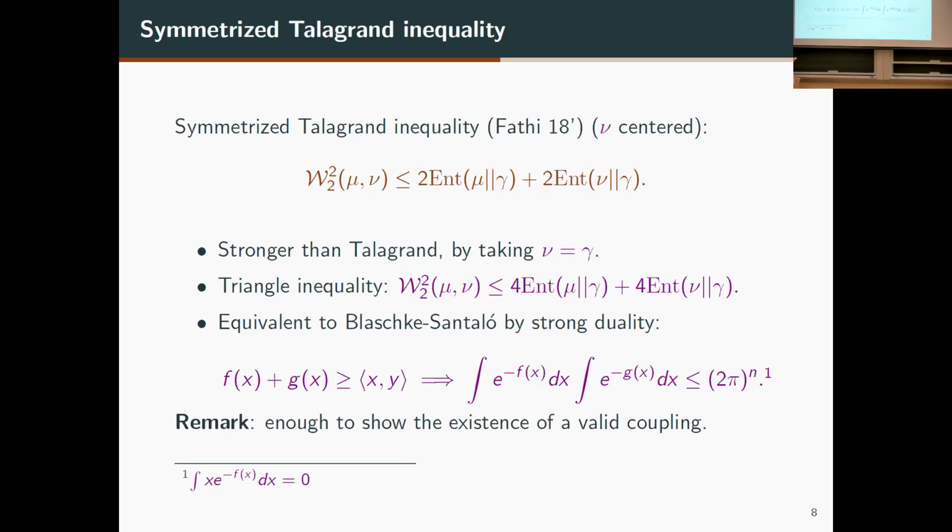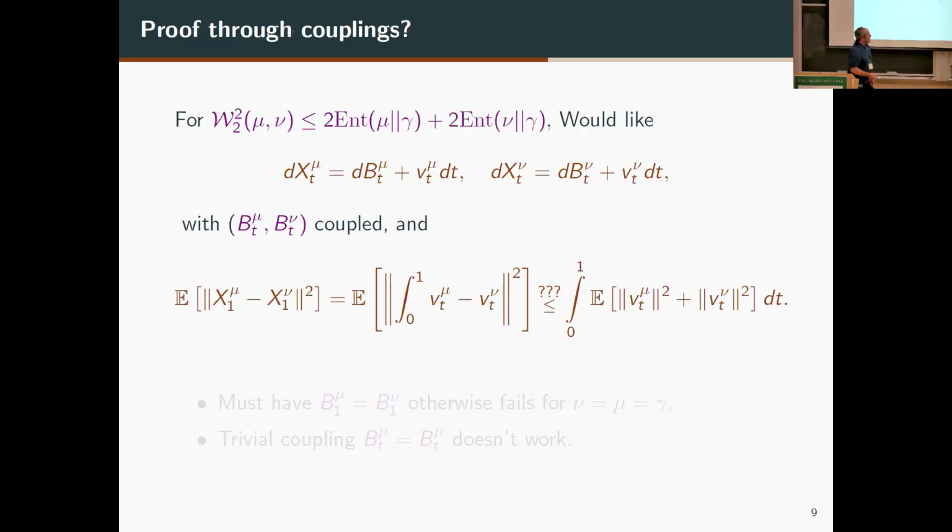Here is another big difference. Oh, yeah, and just the same as with the Talagrand inequality, it would be enough to show the existence of any valid coupling for the inequality. Right, so it would make sense to try and repeat Lehec's proofs for Talagrand and prove it in the same straightforward way.